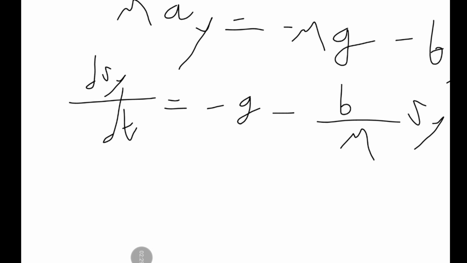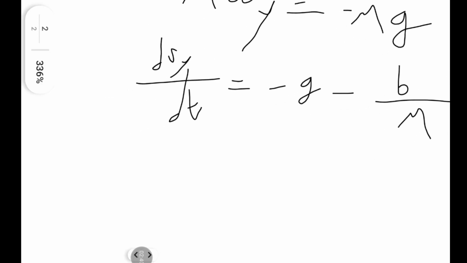d vy by dt is equal to minus g, minus gravity basically, minus b over m times the y velocity, the vector component of y, the vertical part. Now, again, it's the same thing with integration. What we want to do is take out a factor of minus 1, and divide by g plus b over m vy.